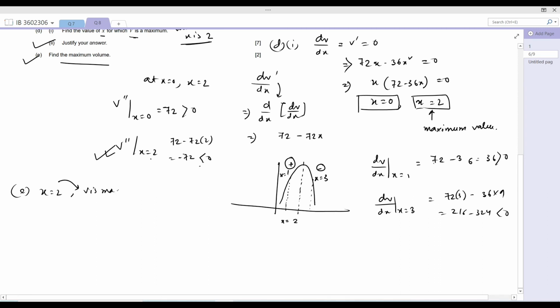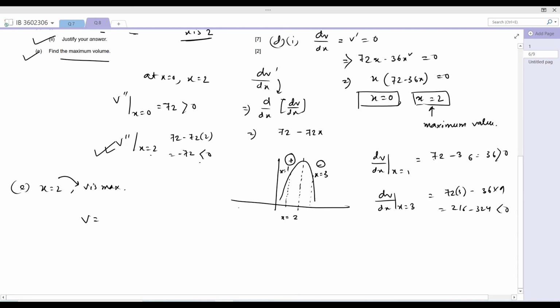The formula of V in terms of x was 36x squared minus 12x cubed, as you can see in the previous slide. So 36 into 2 squared minus 12 into 2 cubed is 36 into 4 minus 12 into 8, which is 144 minus 96, so it is 48.